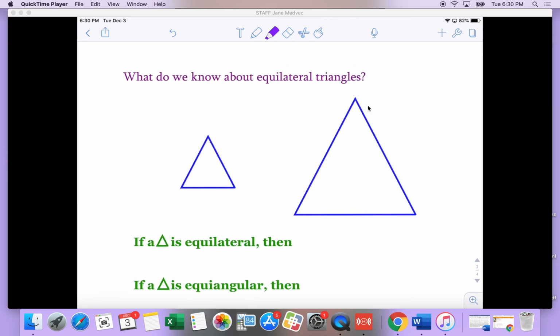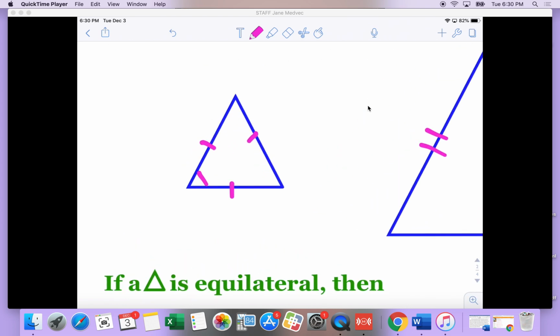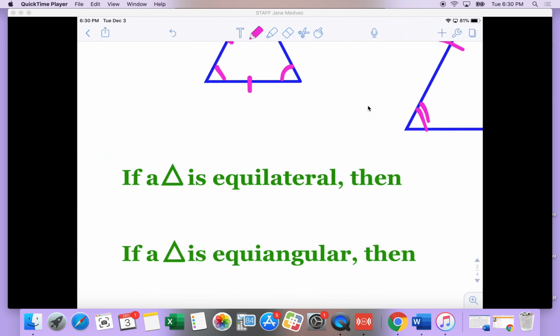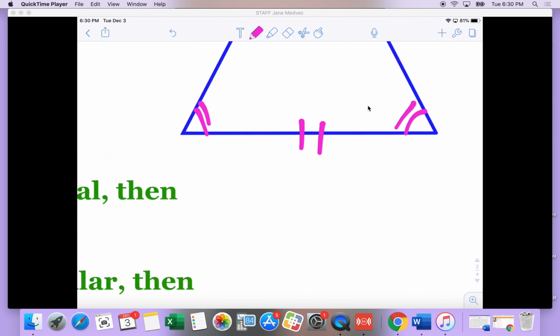Equilateral triangles. Equilateral triangles, all the sides are congruent to each other. That's what makes them equilateral. But I also know if they're equilateral, they are also equiangular. Okay, so when it says if a triangle is equilateral, then it is equiangular.